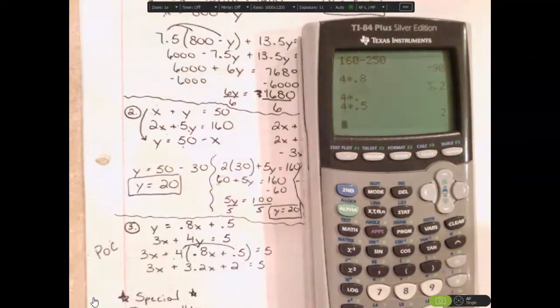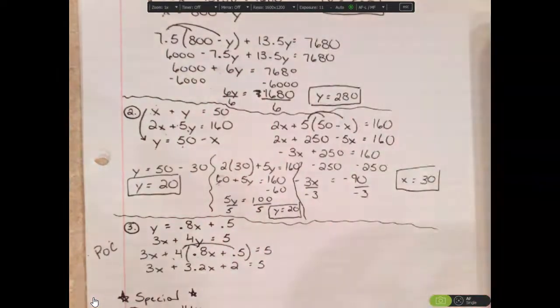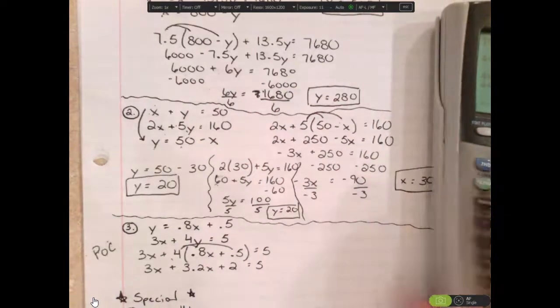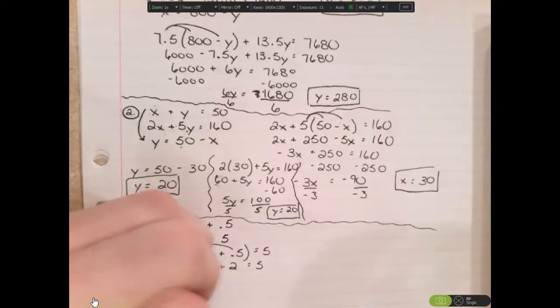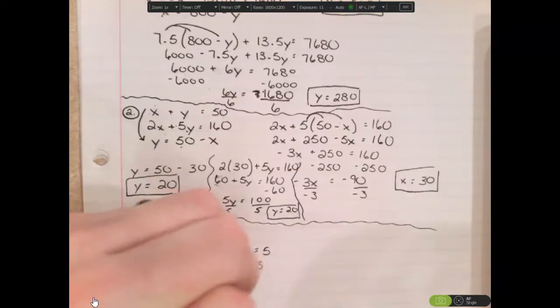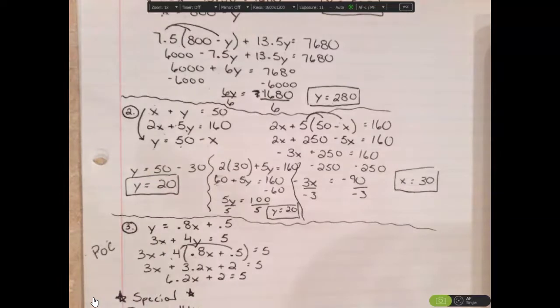Then that's equal to 5. And again, we're seeing this repetition come up. I've distributed. Now I need to combine like terms. So 3 plus 3.2x is equal to 6.2x plus 2 is equal to 5.